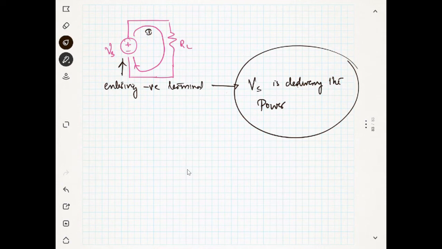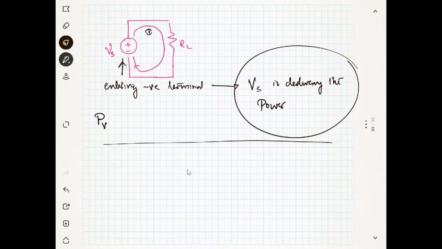A source can both absorb and deliver power; we will come to that in the next point.